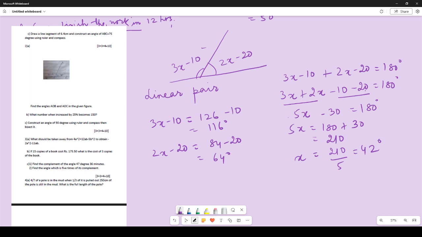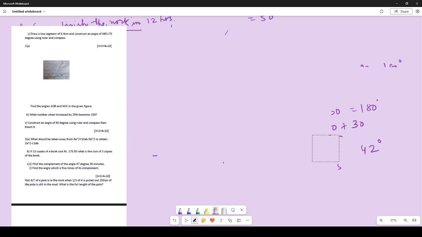So this should have been your answer. Okay, now for the next question, construct an angle of 90 degrees and bisect it. If you know how to construct the angle of 90 degrees and you know how to bisect it, you will get full marks if you have marked them properly.